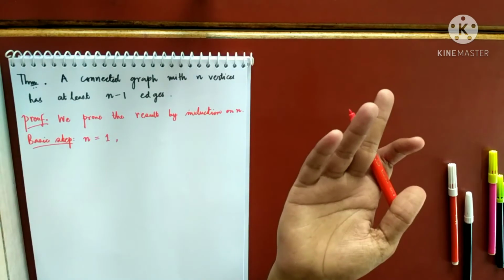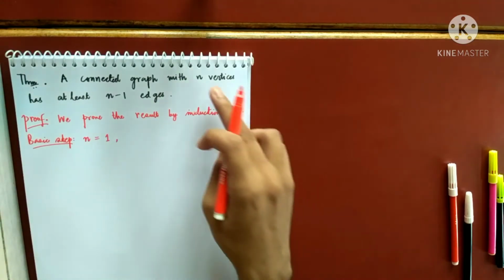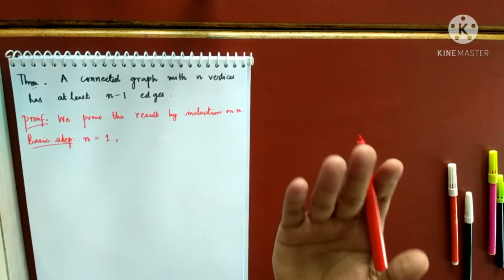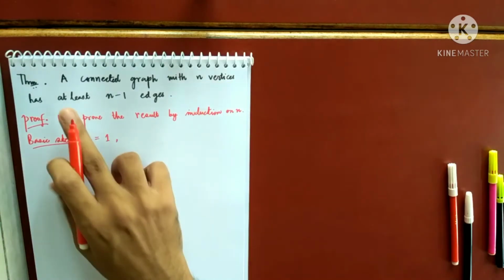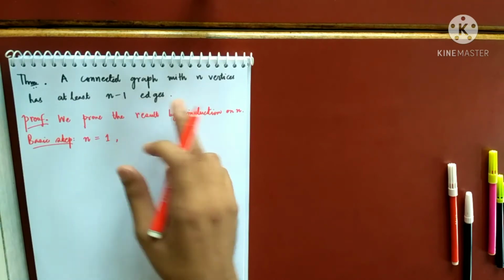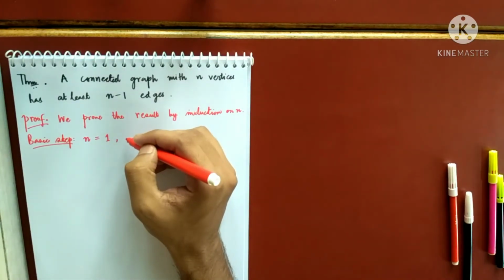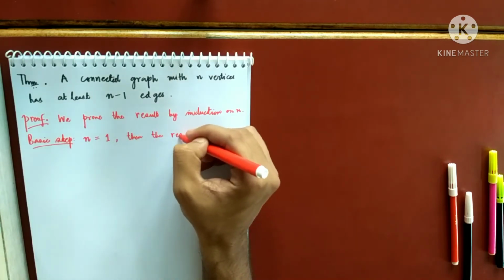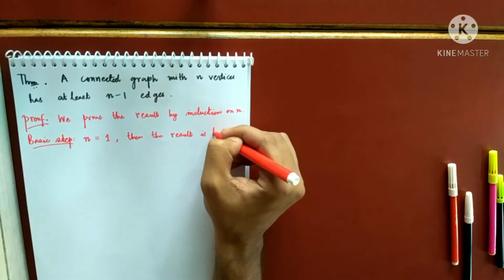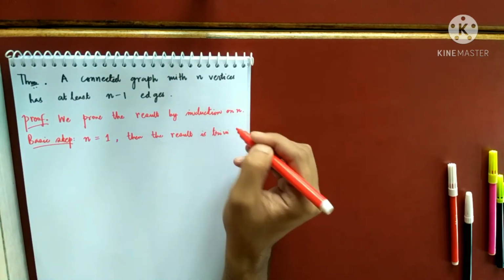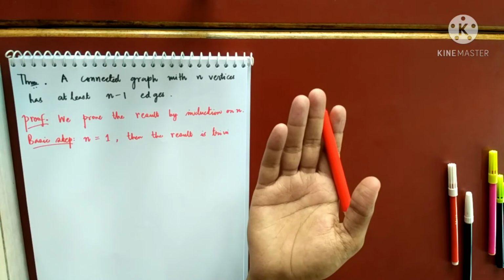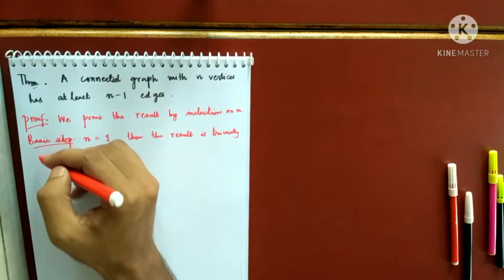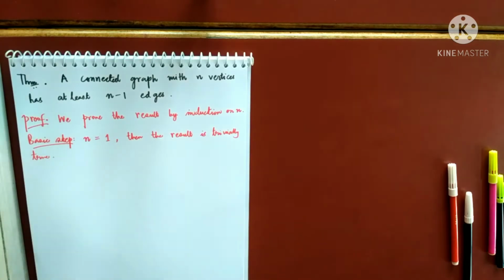That is very obvious, right? So n vertices has at least 0 edges, which is trivially true. Edges cannot be negative in number, so if n equals 1, the result is trivially true. So we are done with the basic step.